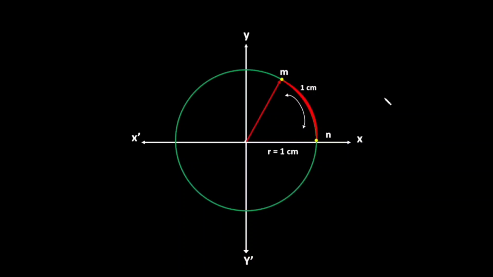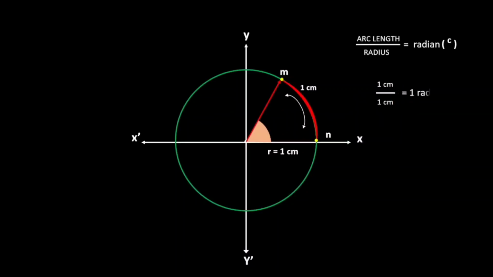But how? When we divide the arc length by the radius, then we can get the magnitude of the angle in radian. Symbolically, it is represented as small c in superscript form. Here, for this angle, the arc length is 1 centimeter and the radius is 1 centimeter.